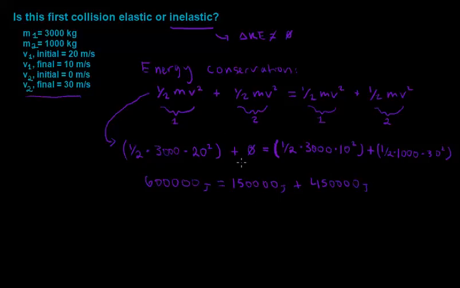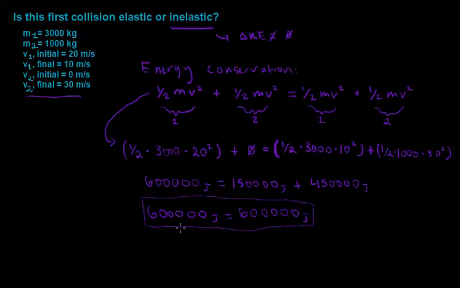Very simply, we just add these two numbers together, and we get that 600,000 joules is equal to 600,000 joules. So after the energy conservation, we can see that our change in kinetic energy is equal to 0. The initial and final states equal each other, and our collision is elastic.